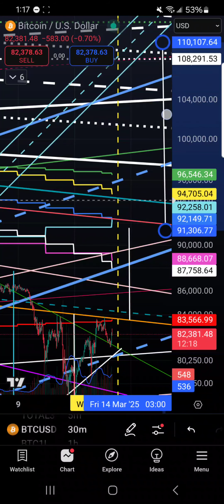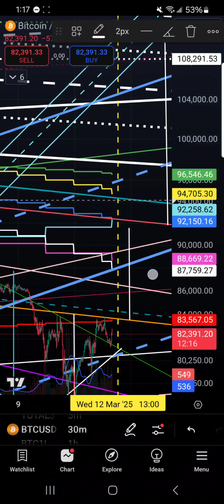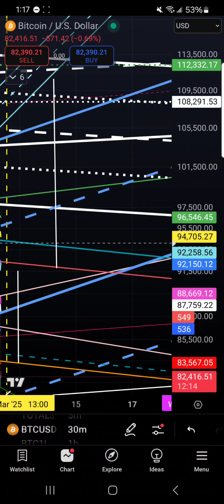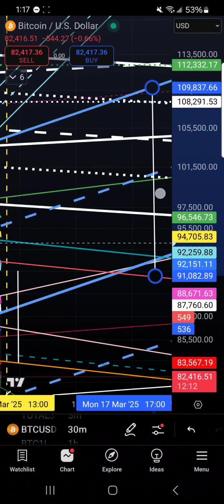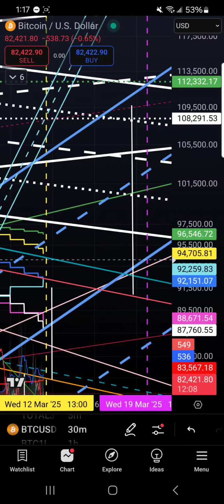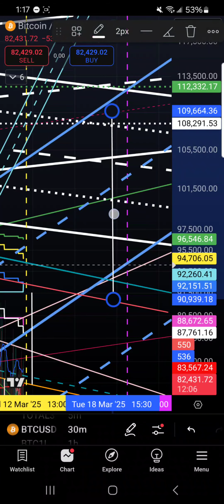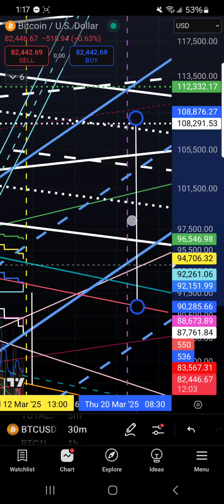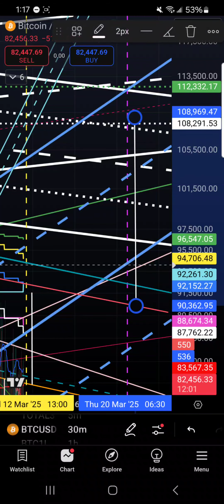Let's put it up here, and we've got to move it all the way over here. It's something like that. Oh my God, really? Look where it gets us, 108. Isn't that funny?